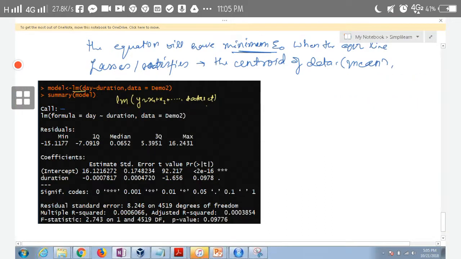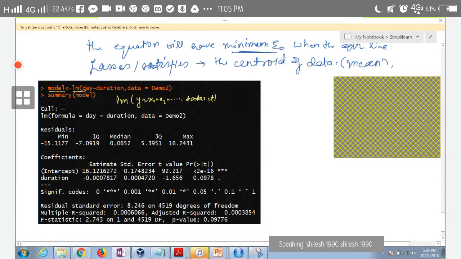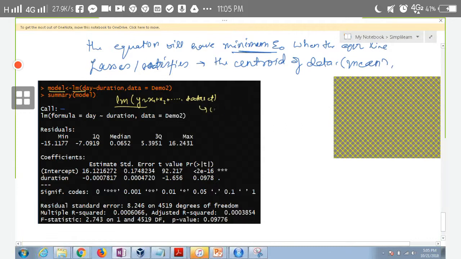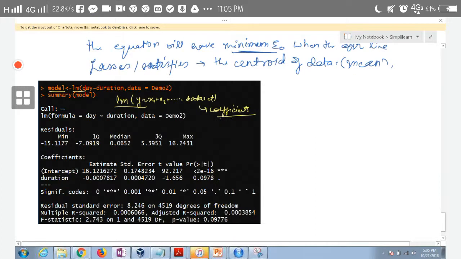This is the basic way of writing a linear model. Now you will pass this to a model. Otherwise, if you straight away run this, you will only get the coefficients, not other statistics. So you first pass this to a model and then write summary of model. Then you get the entire summary about that particular regression model.